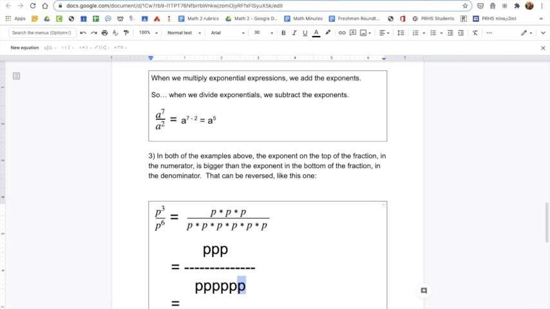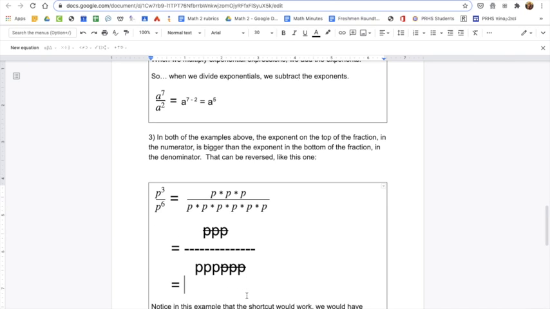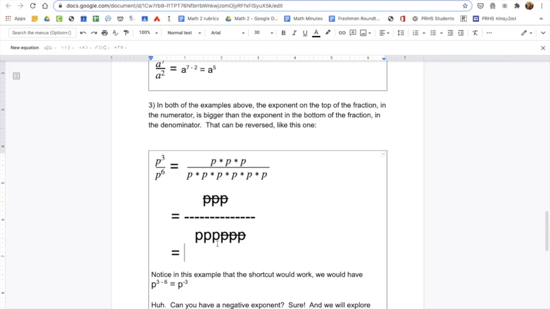When we cancel 1 on the bottom, we've got to cancel 1 on the top. Cancel 1 on the bottom, cancel 1 on the top. Cancel 1 on the bottom, cancel 1 on the top. And now I've got a new fraction where I've got 3 p's on the bottom and no p's on the top.